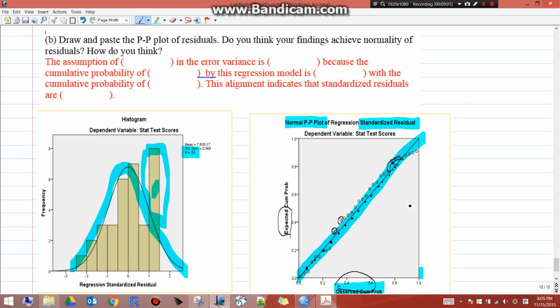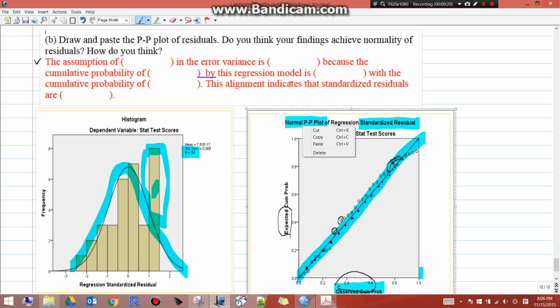So let's look at the assumption of normality in the error variance. It is approximately achieved because the cumulative probability of the standardized residual by this regression model is well aligned with the cumulative probability of the observed standardized residual.